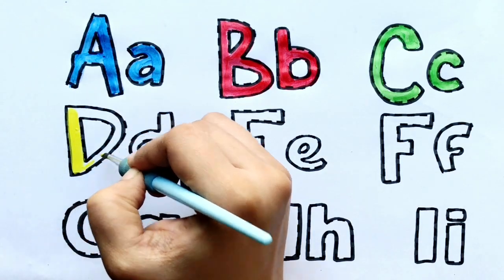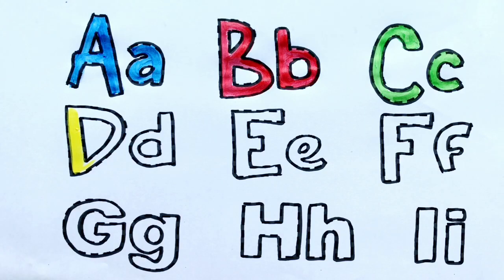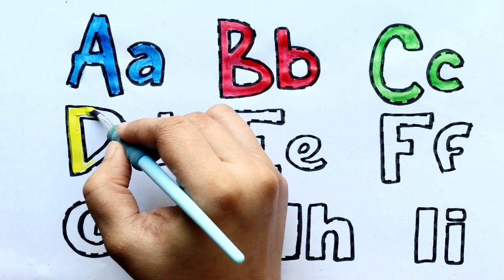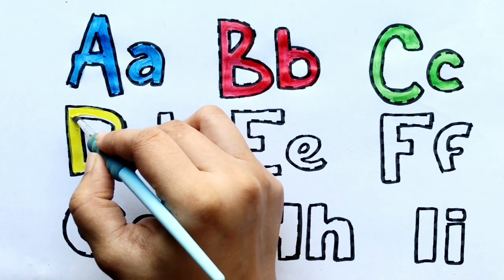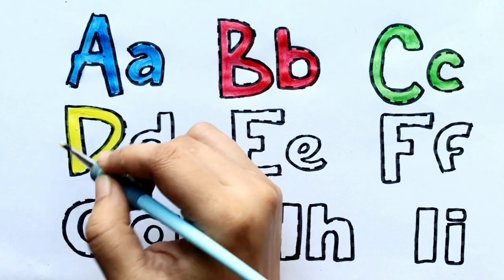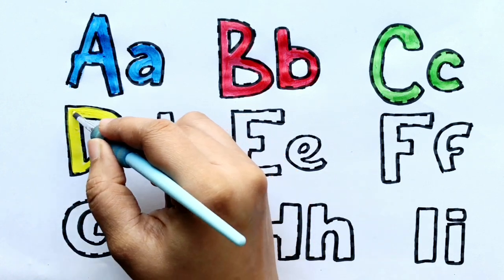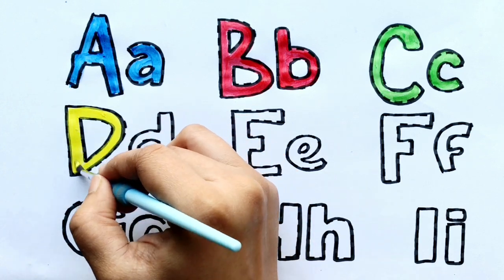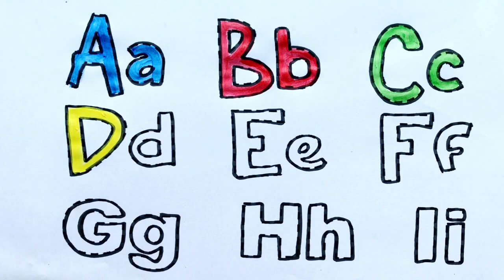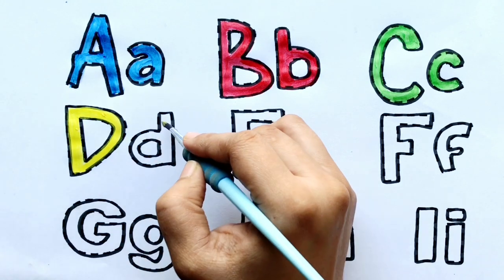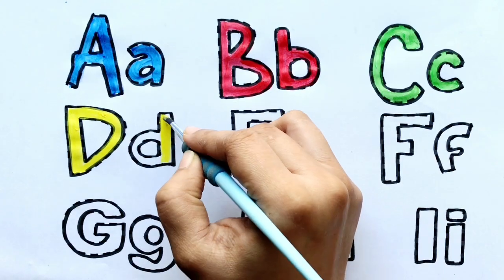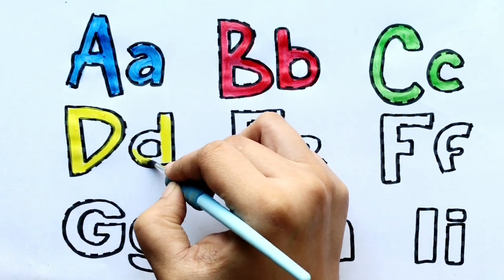Yellow color. Capital letter D for dolphin. Small letter D. D for dog.